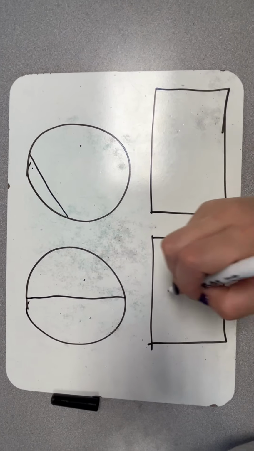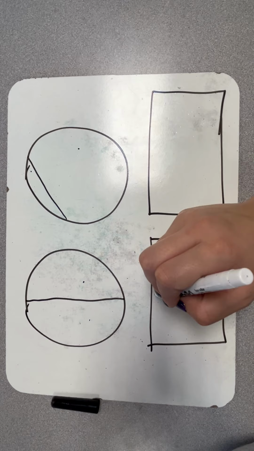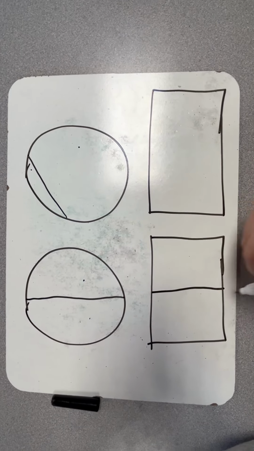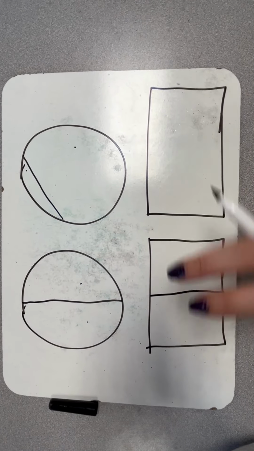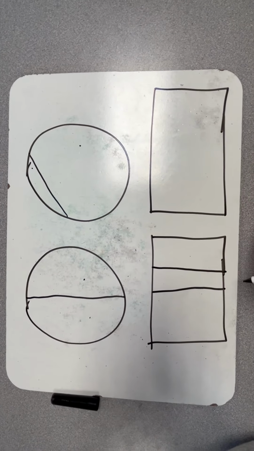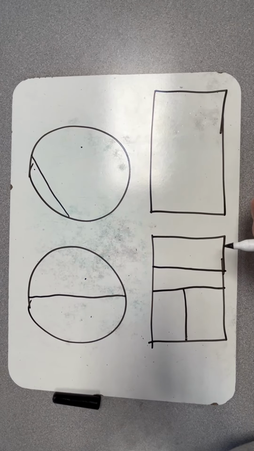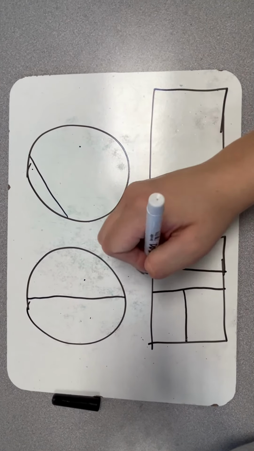Fractional pieces have to be the same size, but they don't have to look the same. For example, if I took this rectangle and I split it in half, and then I took this side and I split it in half that way, and this side and I split it in half this way, these are fractional pieces.